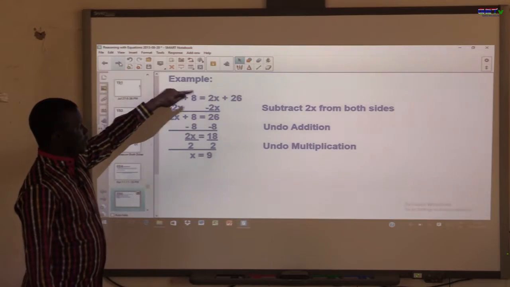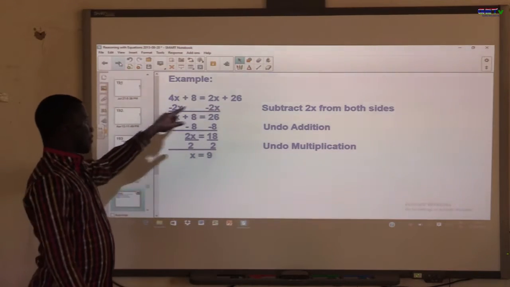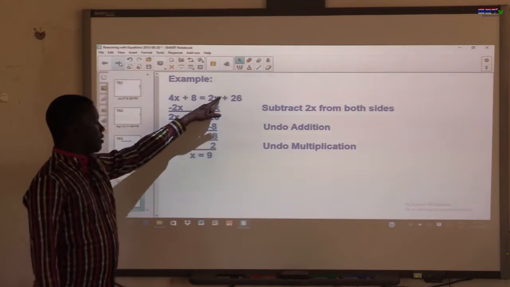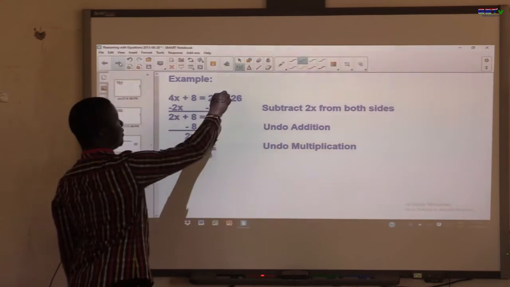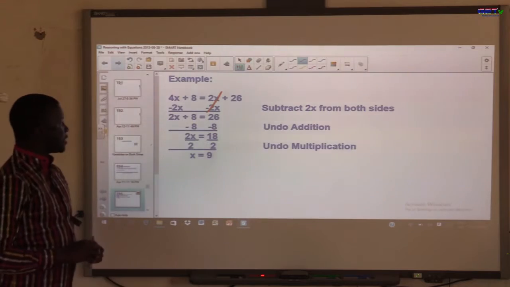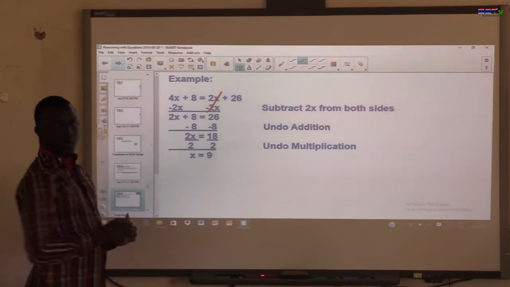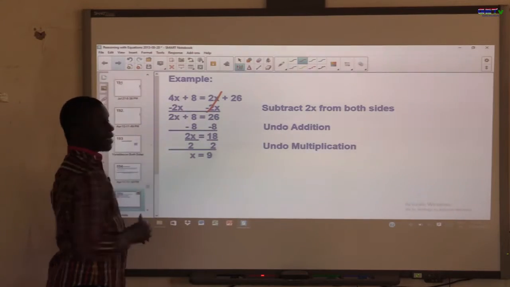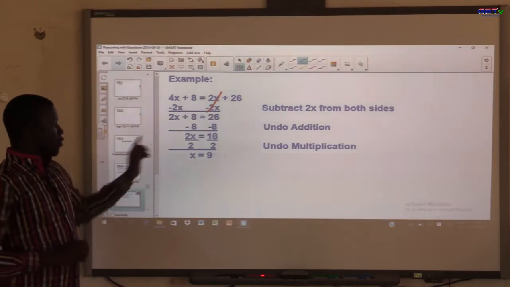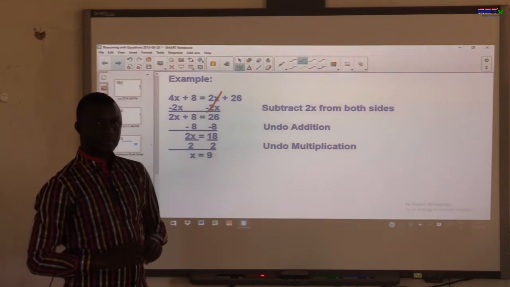In subtracting 2x from both sides, we are undoing 2x here. We shall undo this, and then 4x minus 2x will give us 2x. Our 8 comes down, and we equal 26. So our newest equation here is 2x plus 8 equals 26.